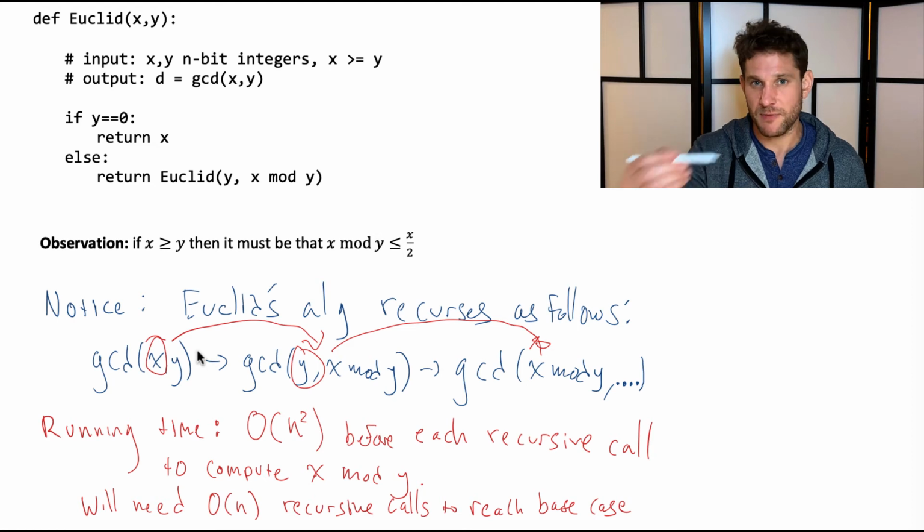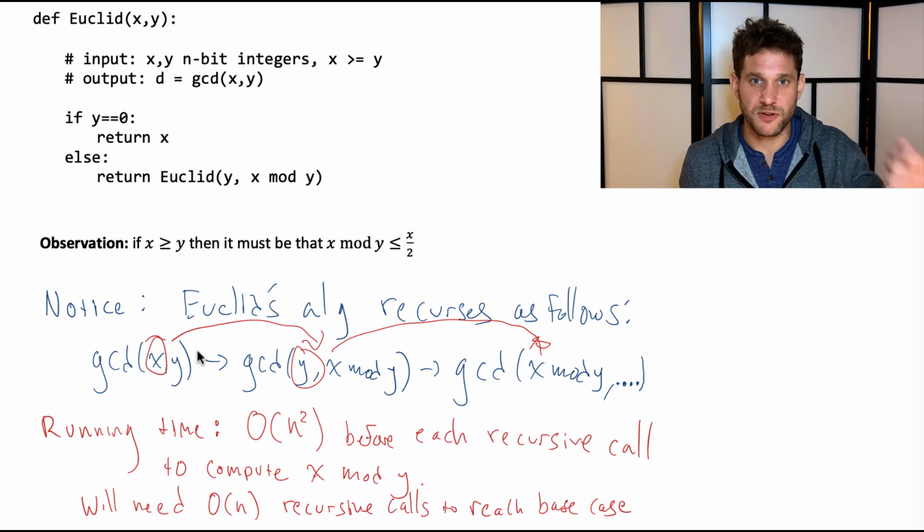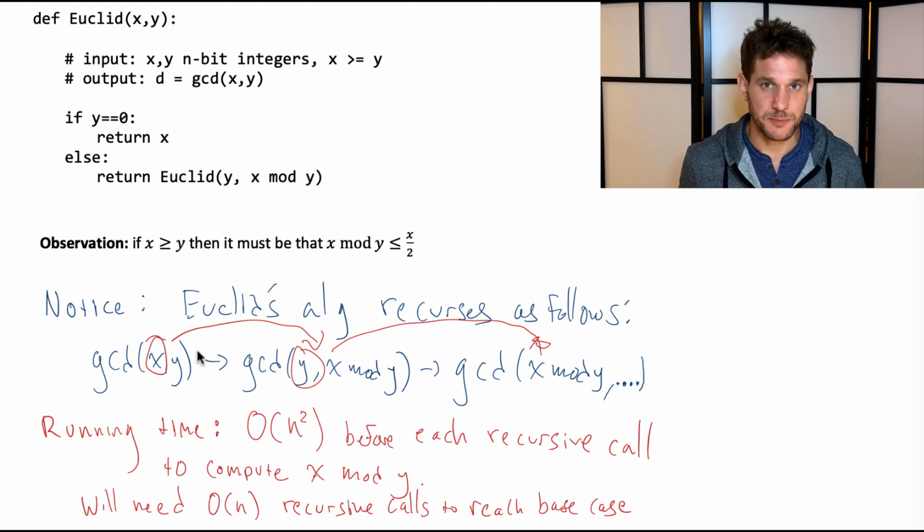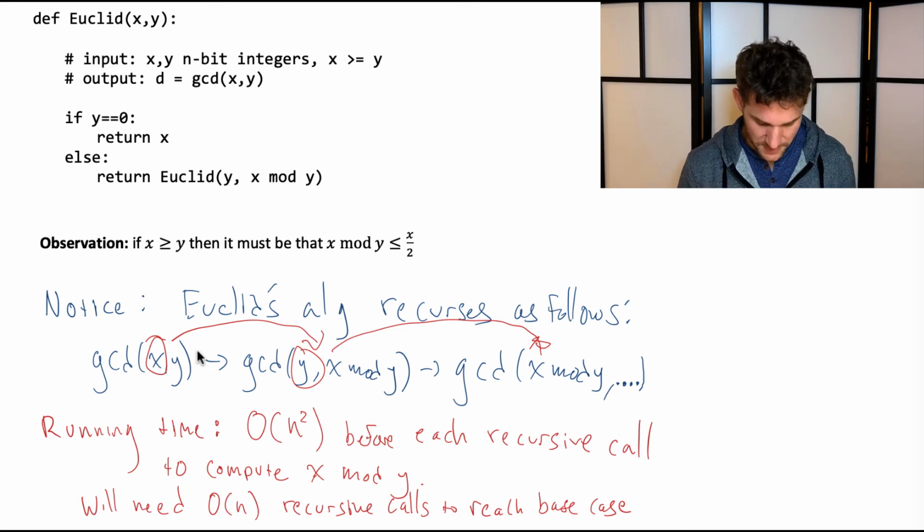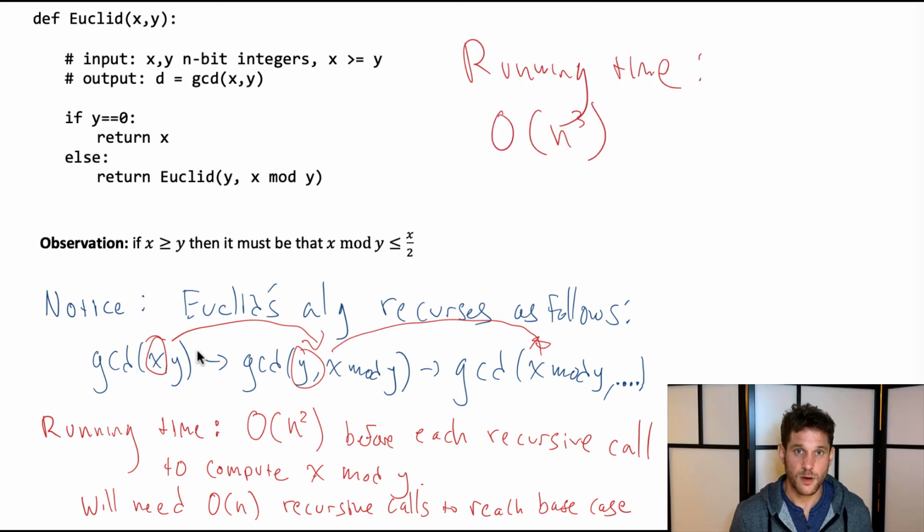That's because every time we do 2 iterations of this recursion, we halve the size of the first input. And eventually, we'll have to halve it about n times before we get down to a base case. So in total, this algorithm requires on the order of n cubed to compute the GCD of x and y.